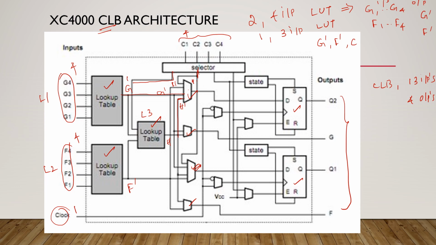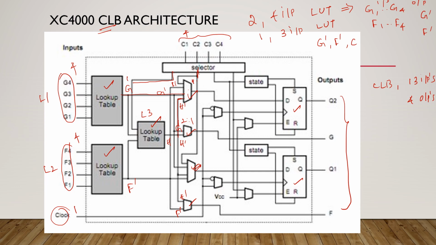from the selector. Okay. See, if we are taking the output directly from this mux, this mux is a 2:1 mux. In this mux, the 2 inputs are H dash and G dash. Here in this mux, one input is H dash, another one is F dash.